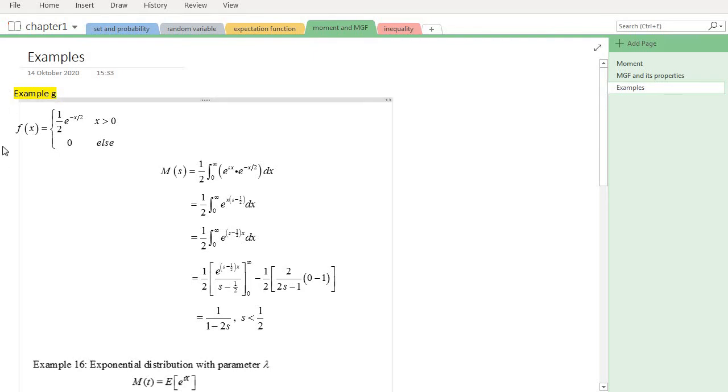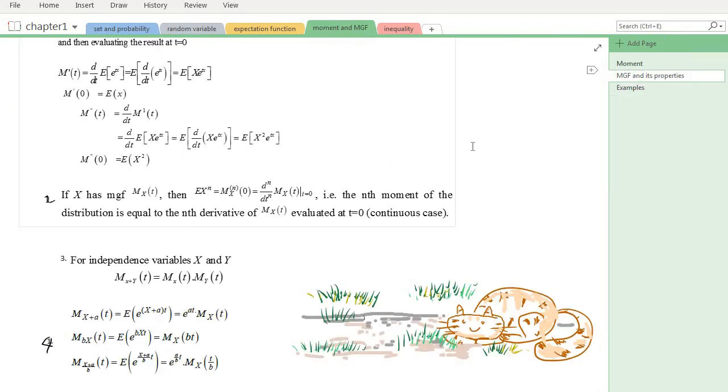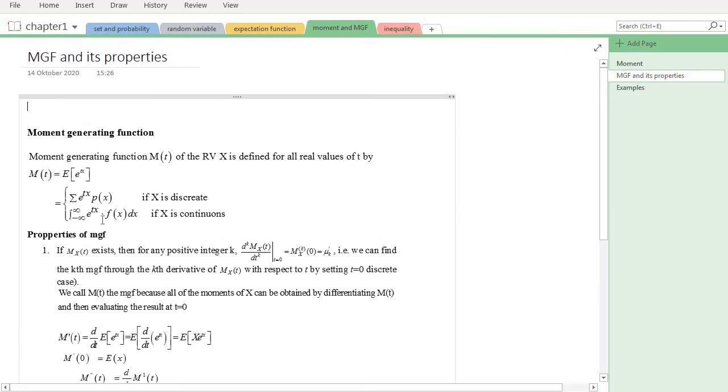For this one, we are given an fx function here, and we need to find the moment generating function for this function. So we might need to apply the formula listed here. This is the continuous case.